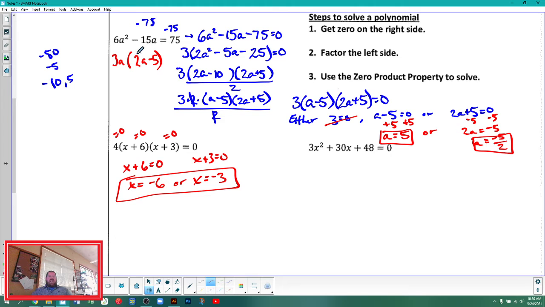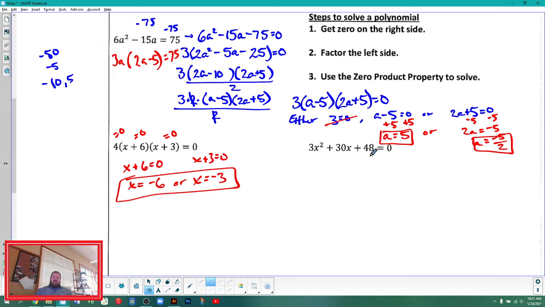I can't say that in order to make something equal 75 up here, that one of the numbers is 75 or another one of the numbers is 75. That's not the case. It only works with 0. That's why we want to put everything on the left side, 0 on the right, factor and solve.